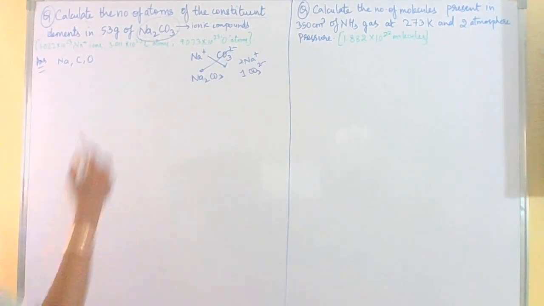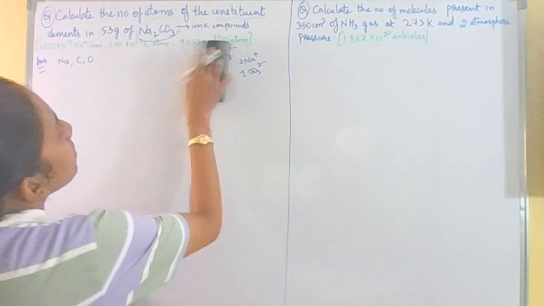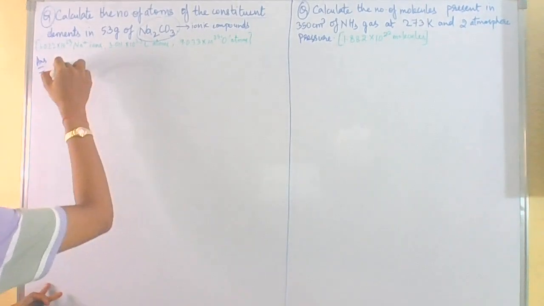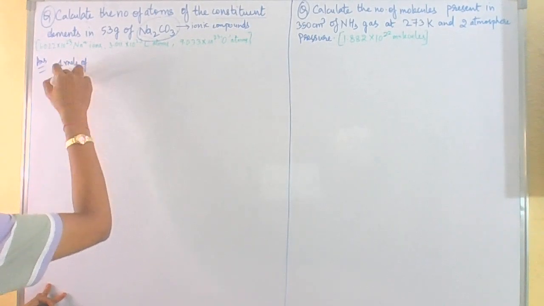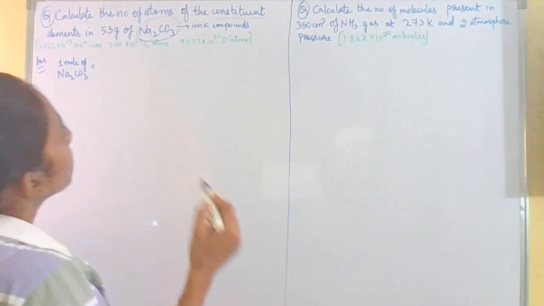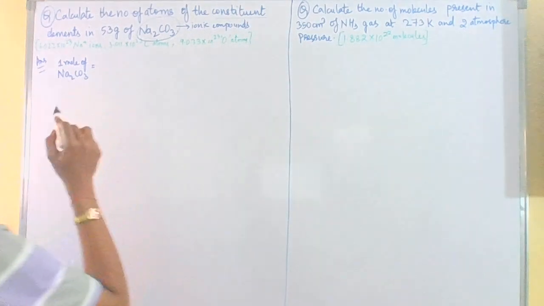In Na2CO3, we have two sodium Na plus ions and one CO3 2 minus ion, which is carbonate ion. Now we have to calculate the number of atoms. 1 mole of Na2CO3, what is the gram molecular mass? Here you have to call it gram formula mass of Na2CO3.